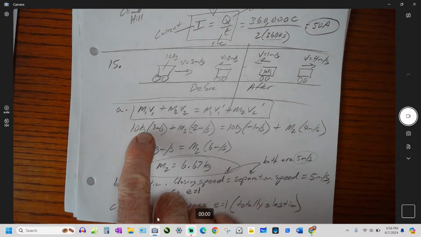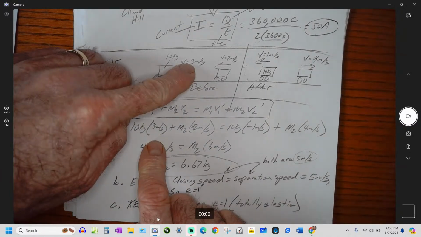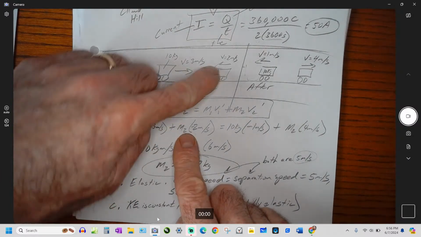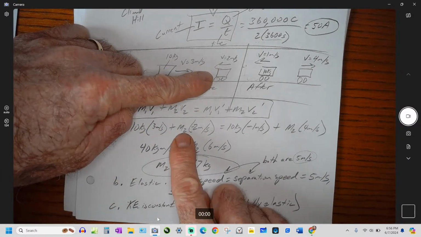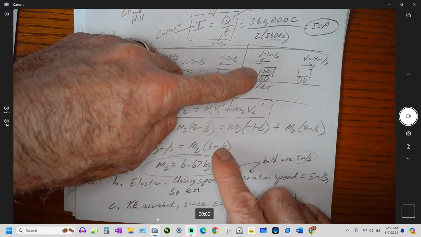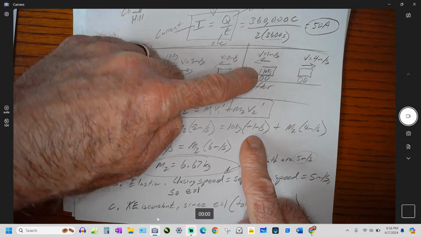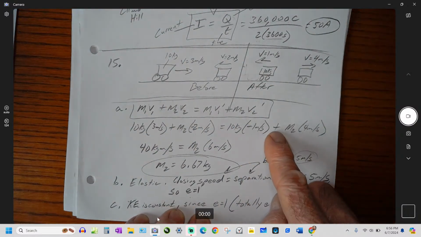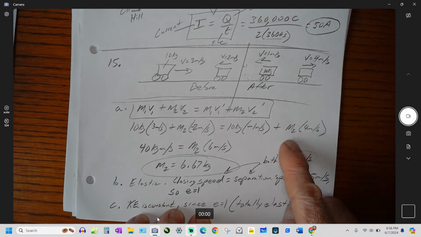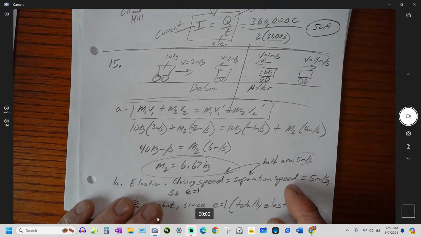So momentum is mass times velocity. This is 10 times +3. This one has a momentum of whatever its mass is times -2. Now this has a momentum of its mass times -1 because it's got a negative velocity. And this cart has a momentum of its mass times +4.